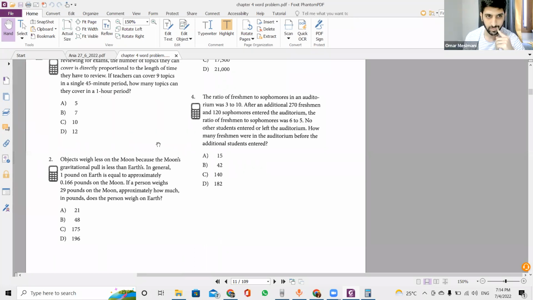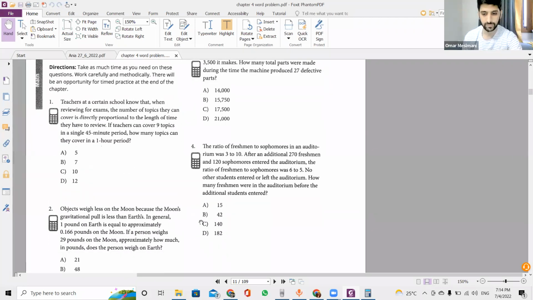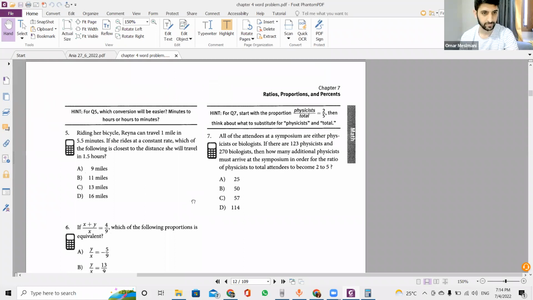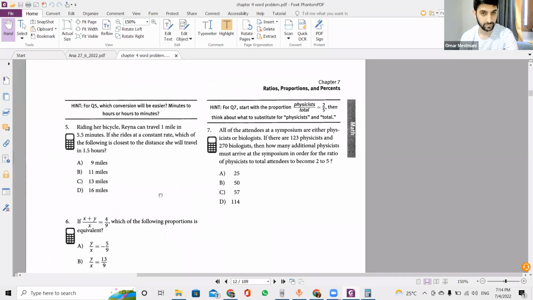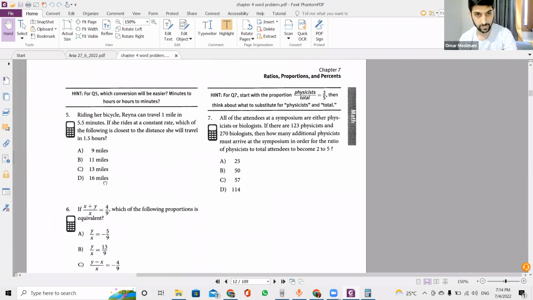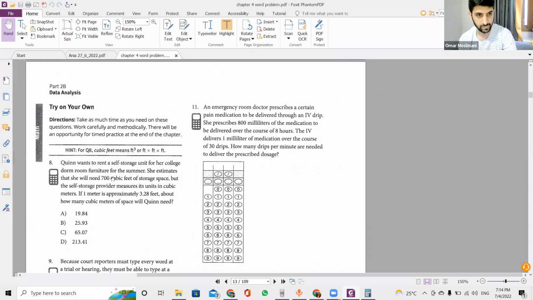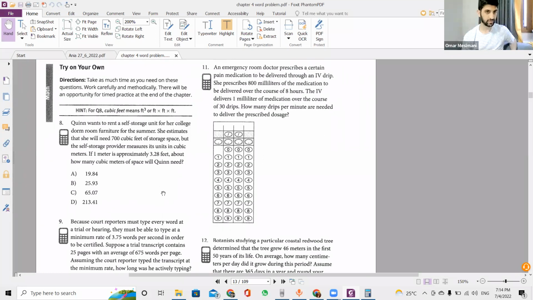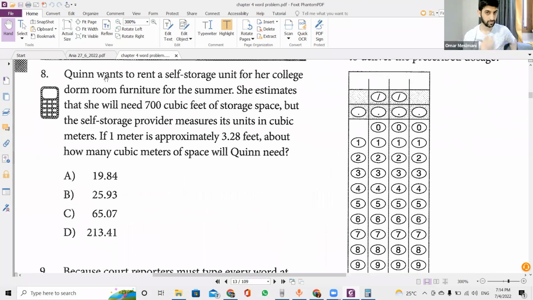Number 2, no. Yes, we solved number 2. And did we solve question 8?